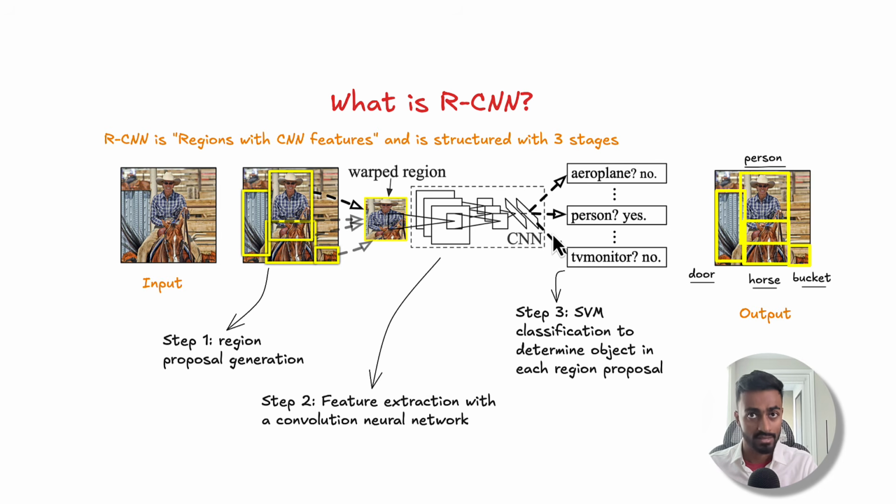So if there's 1,000 objects of potential classification interest, we're going to train 1,000 binary classification SVMs in order to get like a binary response from each of them. And eventually we can reconstruct the object localization plus classification like this. So this is overall like a 3-stage approach.